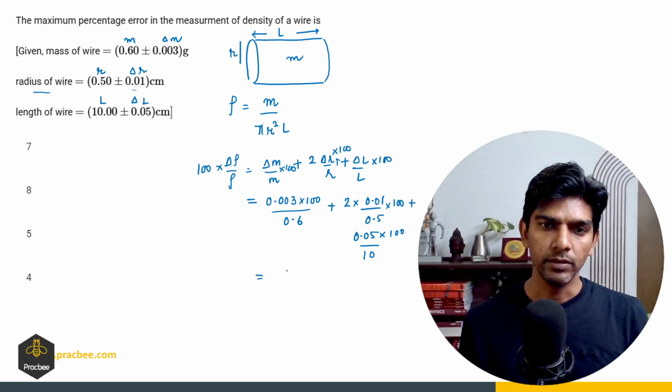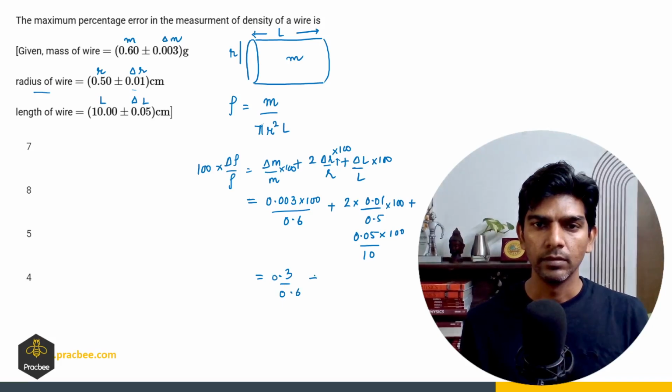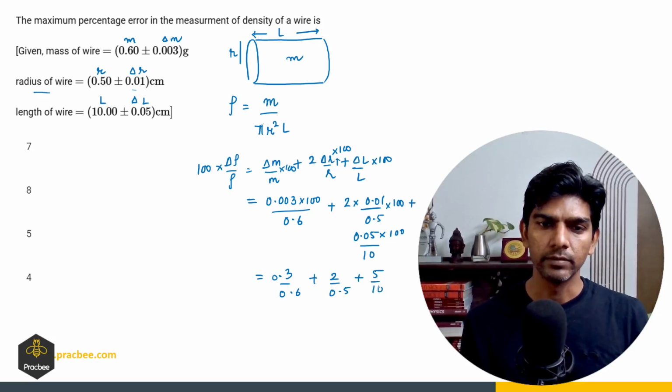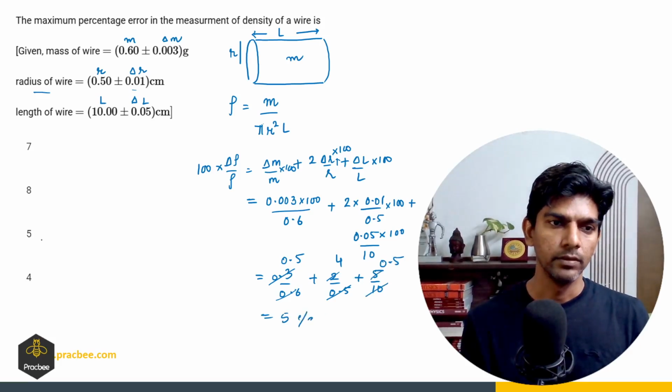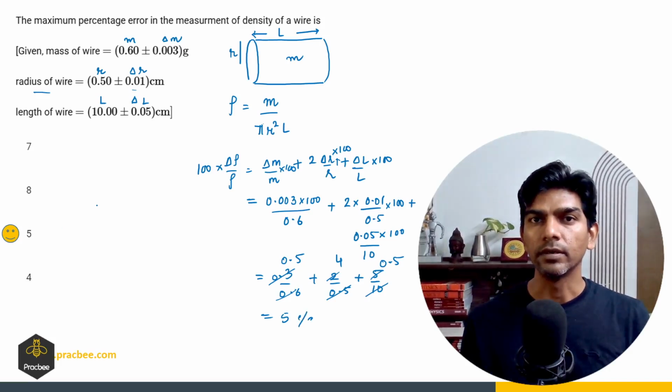So this will become 0.3 by 0.6 plus 2 by 0.5 plus 5 by 10. This will give us 0.5, this will give us 4, this will give us 0.5. So this comes out to be 5%. So option 3 is the right answer.